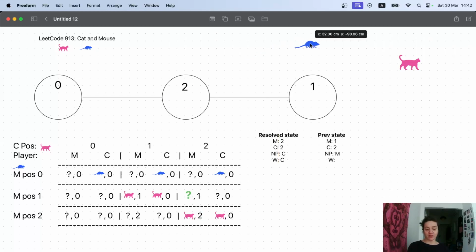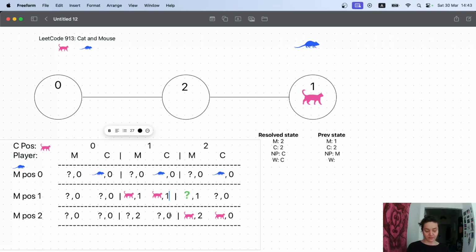Great, now let's work on the cat. If the cat is at node 1, how many move options does he have? Just 1. There's just one adjacency to node 1. So in the cat column, node 1 gets 1 for every position of the mouse. And if the cat is at node 2, how many move options does he have?